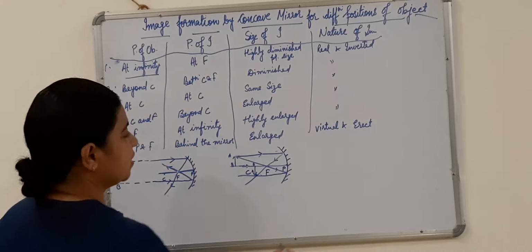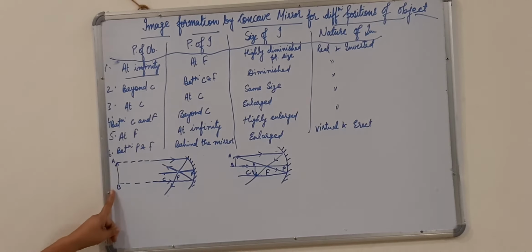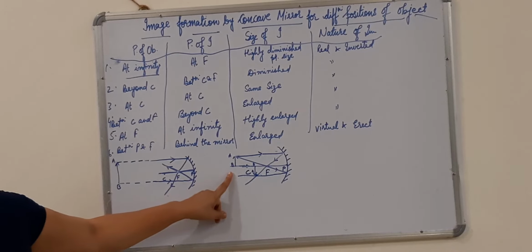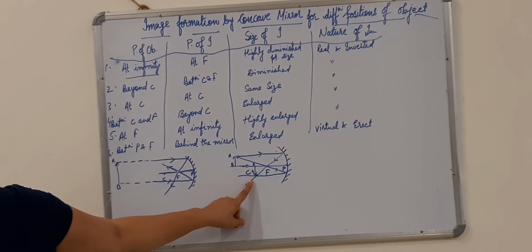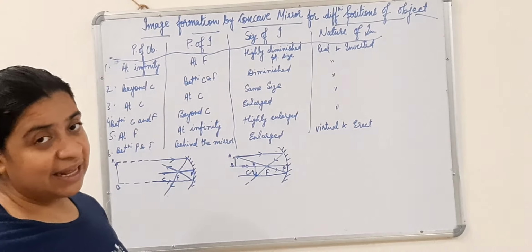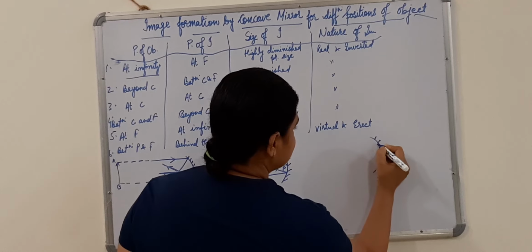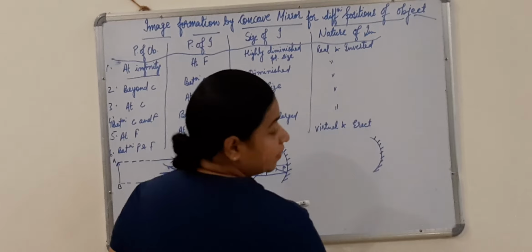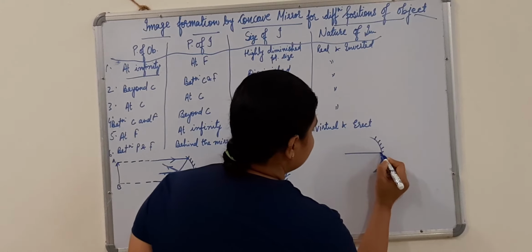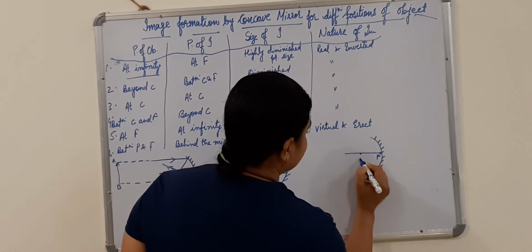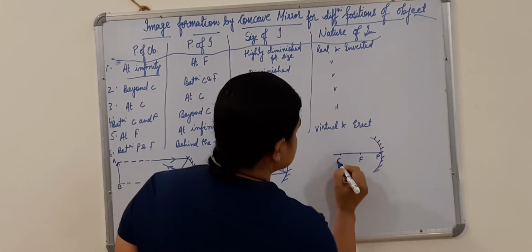Now third case. First the object was at infinity, then it was beyond C. Third case, the object will be at C. In that case, the image formed will be at C. This is our polished surface. Again, concave mirror, pole, focus and center of curvature.